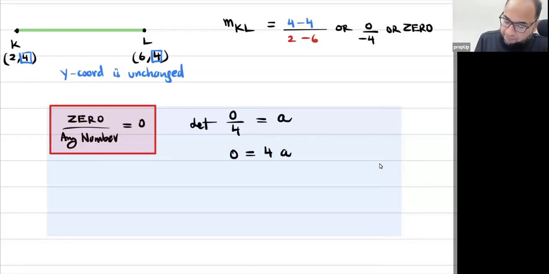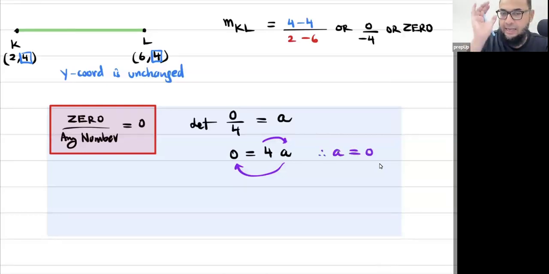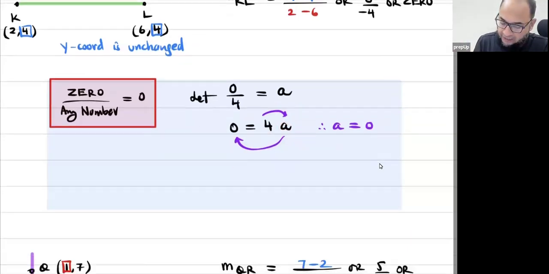Is there any number which I can multiply with 4 and get 0? Yes, that number is 0. Therefore, a is 0. That makes sense. 0 divided by any number is 0.